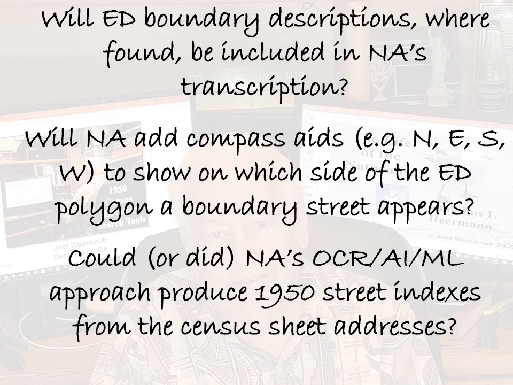Will the National Archives add the compass aids, the northeast, southwest that we pioneered, to show on which side of the ED polygon a boundary street appears? And they're very secretive, so did the National Archives actually produce 1950 street indexes from the census sheet addresses? Don't know. Just speculation on my part.